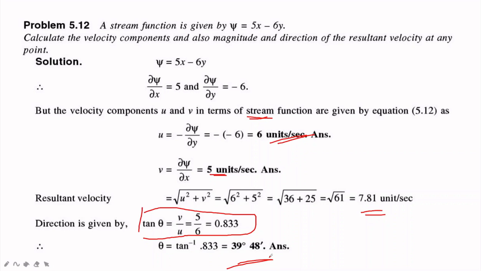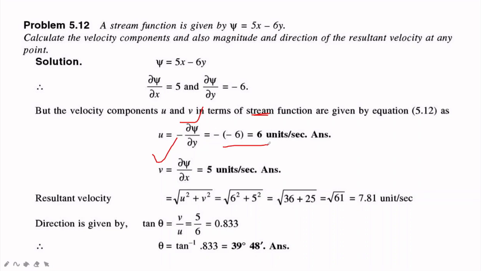5x minus 6y. So whenever any stream function is given, we have to differentiate with respect to x or y. We will get a value. Once we get the value, we have to take the respective formulas with respect to the function. The stream function formula is this and v is this. Just add the values here, you will get a value. If they ask for the resultant velocity, it is just the square root of u square plus v square.